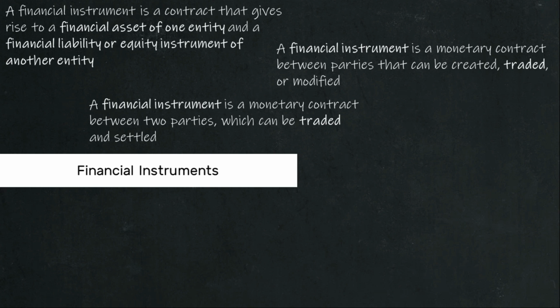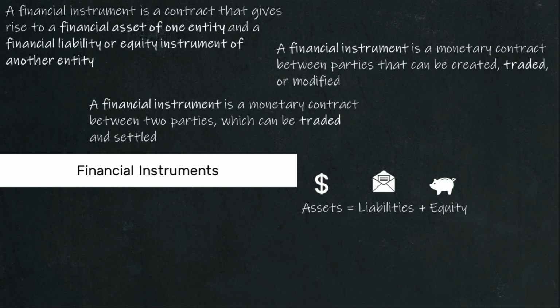These definitions should tug at the heartstrings and bring that feeling of nostalgia because it must remind you of the basic accounting equation: assets equal liabilities plus equity. A financial instrument, then, is something that generates a resource, or an asset, by issuing either debt securities, representing liability, or equity securities that represent ownership.